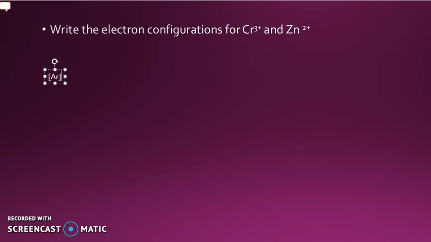And then if we look at the chromium +3, there are 24 electrons in chromium, so a +3 ion would have 21 electrons. The chromium atom, and I'm going to write this out without superscripts and use spaces just because I'm typing, would be 4s2 3d4.